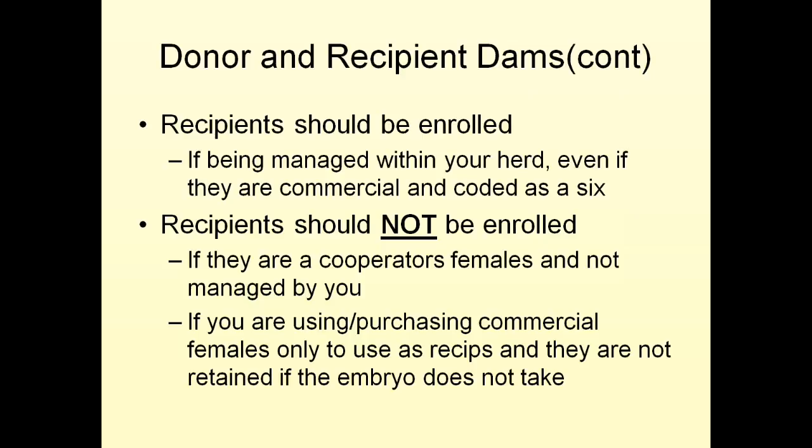If you're managing your own recip dams, you should be enrolling them by their tattoo, their breed codes, and their dates of birth. But if you're farming them out to cooperators, we just ask that you don't even list those cows, because then you end up with a lot of commercial females under your member number that aren't actually even yours.